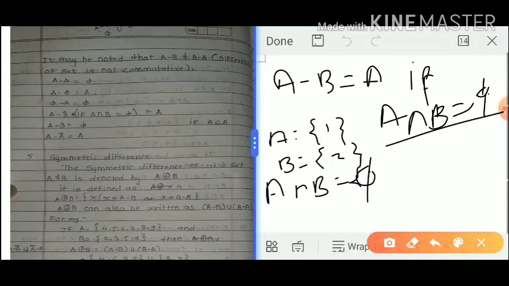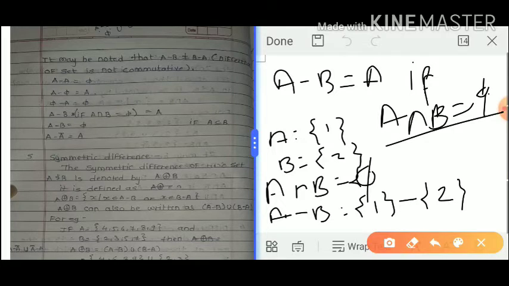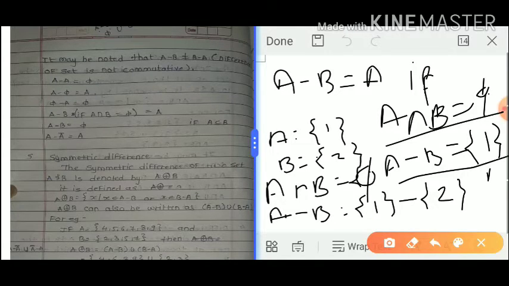Now we are going to find A minus B. Suppose the first set is A, so write down first set minus second set B. To find it, we consider the first set's element 1, which belongs to set A but does not belong to set B. So A minus B equals 1. Set A has only 1 element, so we only check that one element, and this is the answer, and the 1 element is a member of set A, so this is A. So A minus B is always equal to A if A intersection B equals the empty set.